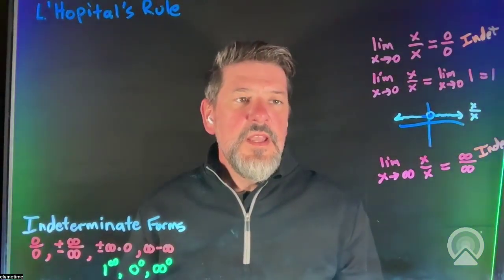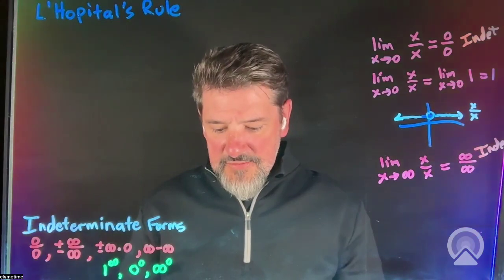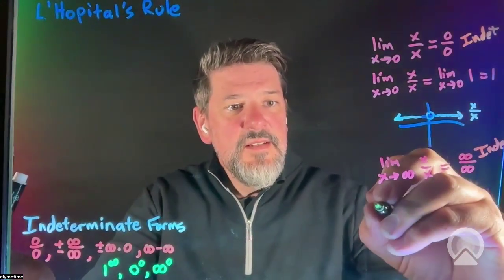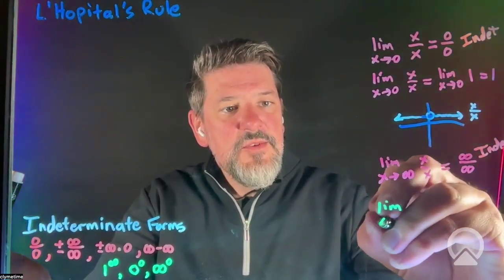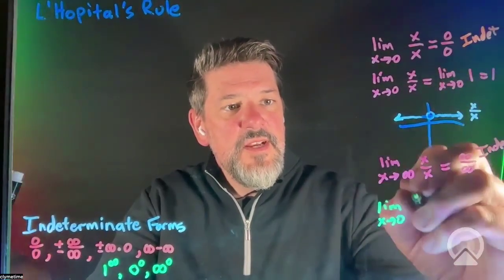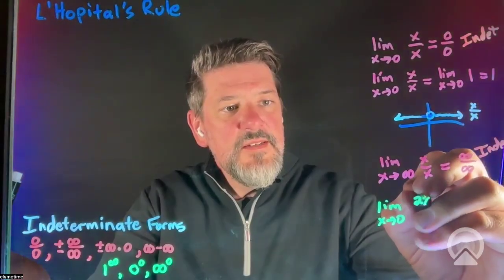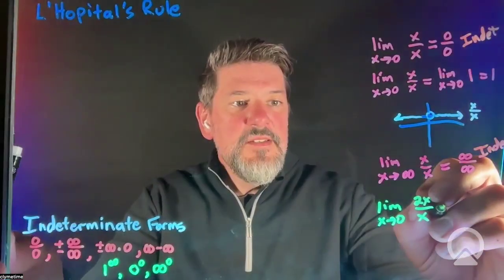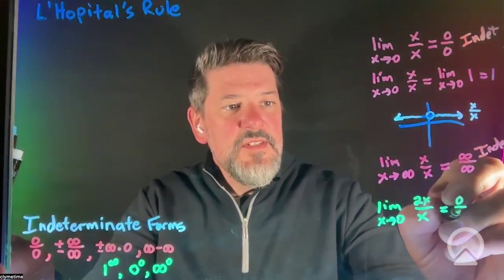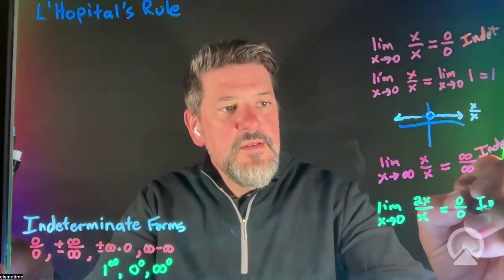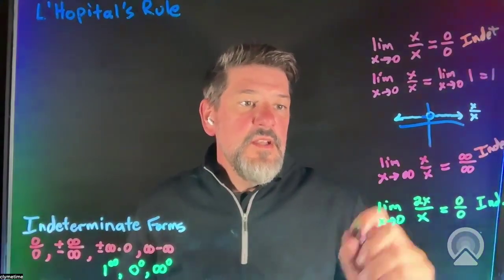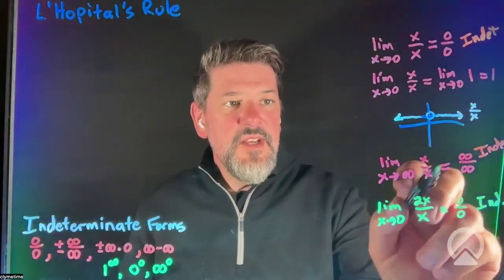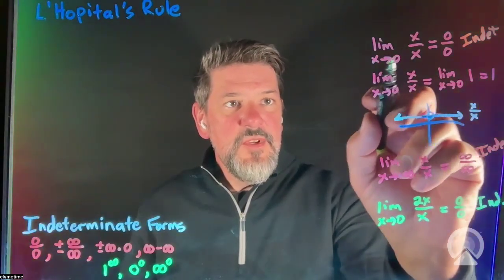What I want to point out is what happens if I change it slightly, and instead of x over x, I now say the limit as x approaches 0 of 2x over x. If I plug in directly, I will get 0 over 0, which is indeterminate. So 2x over x gives me indeterminate, and x over x gives me indeterminate, when x approaches 0.